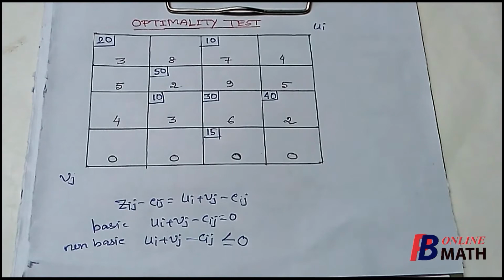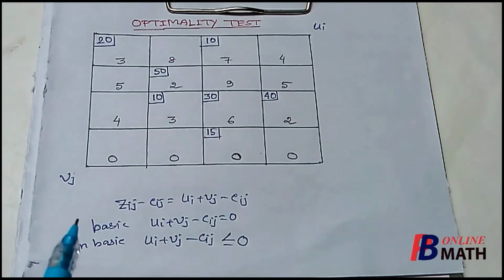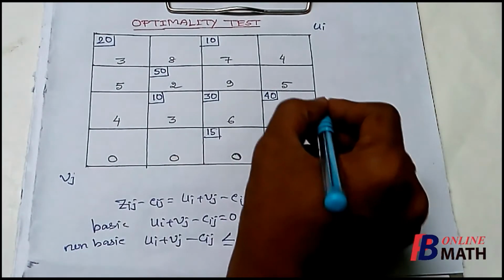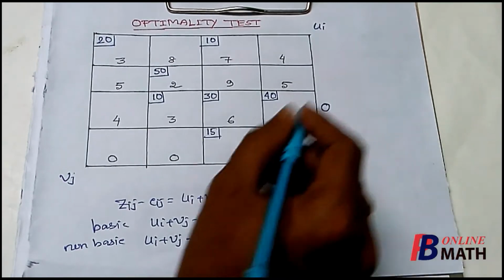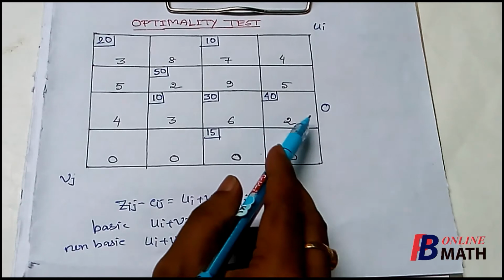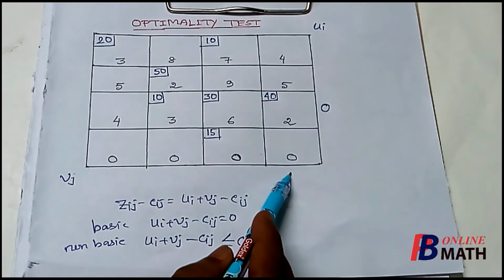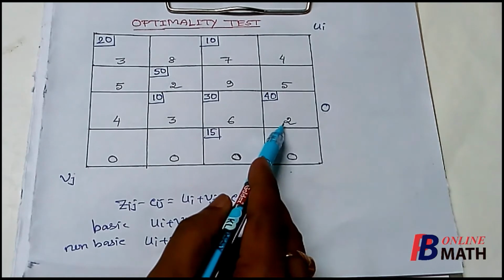Now we can easily find all the values of Ui and Vj by using these conditions for the basic cells, and as I have said, we can assume any one value either of Ui or Vj arbitrarily. Suppose we are assuming this value as 0. Now since this is a basic cell, because we have allocated here, it is Ui, it will be Vj, and this is Cij.